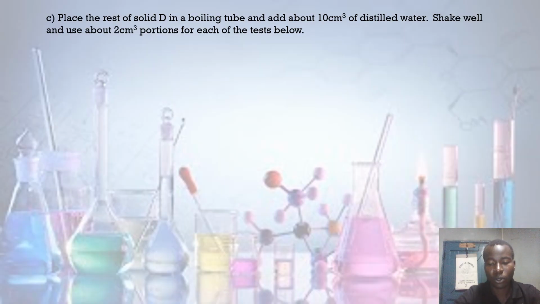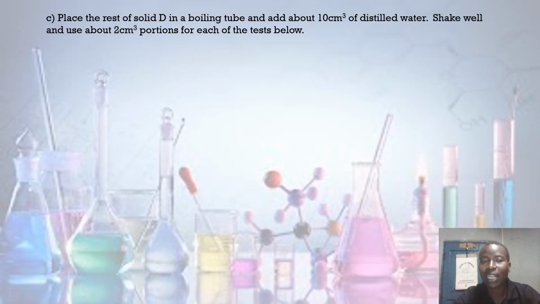Next, you can also be told that, remember you had a solid, you scooped half of it and you are remaining with the other half. The remaining half, you are usually told to place in a boiling tube and add distilled water to it.